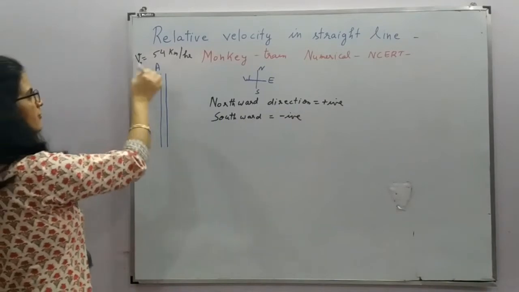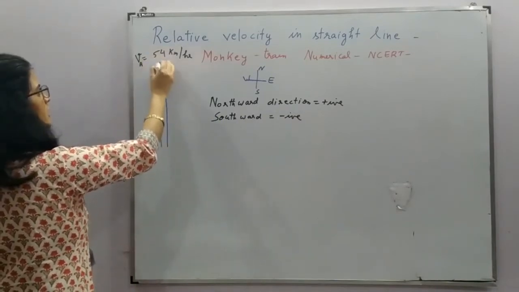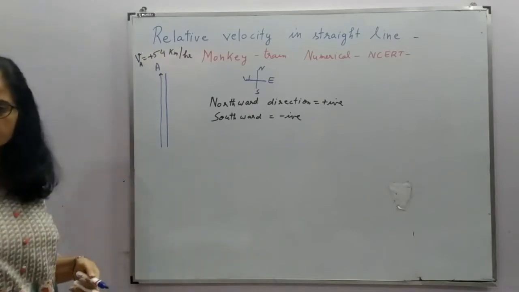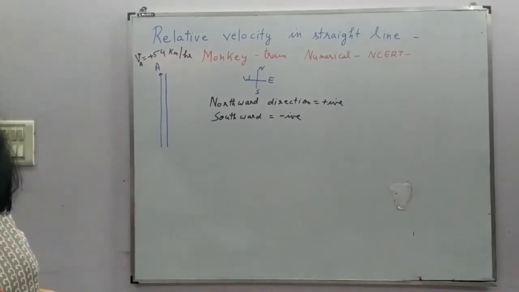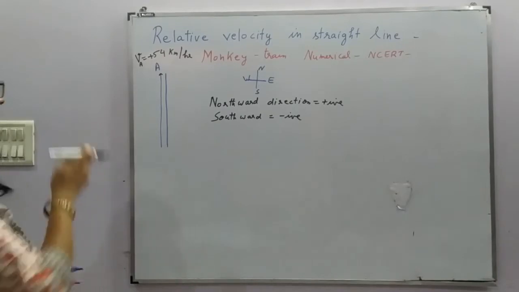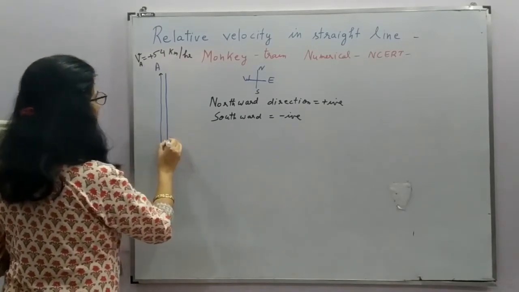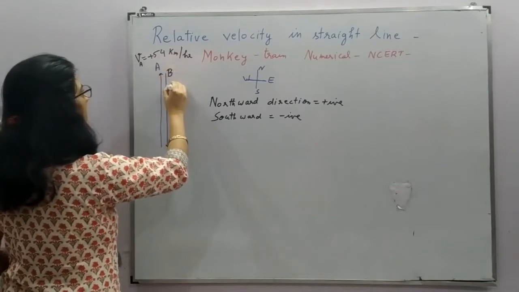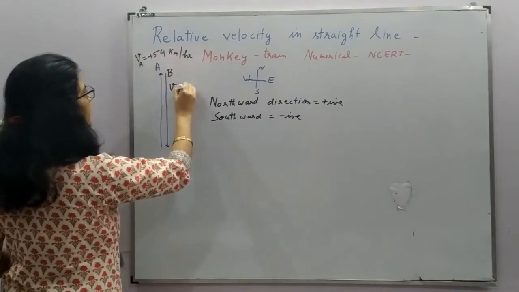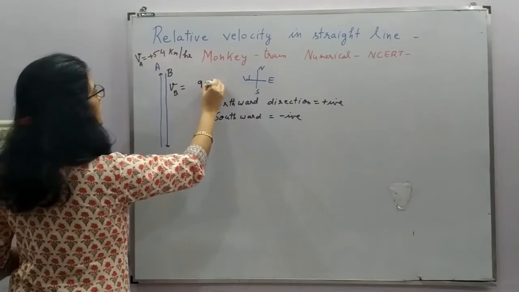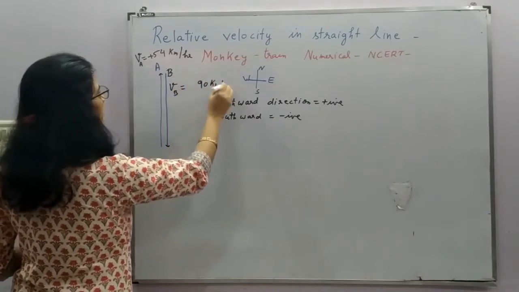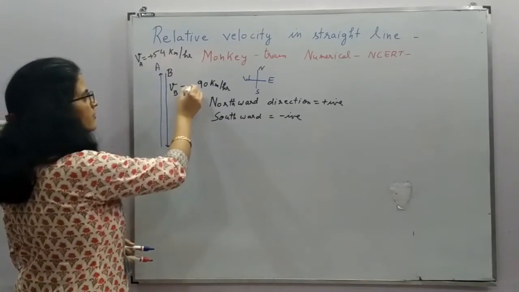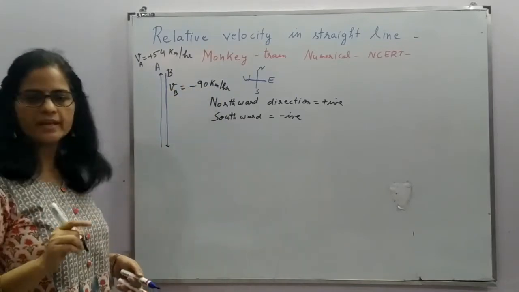So that means we have to consider its velocity as positive, right? Second is given train B moves south with a speed of 90 km per hour. So this train B, its velocity is given 90 km per hour. Now this is southwards and southward is taken as negative. So this we are marking as minus.